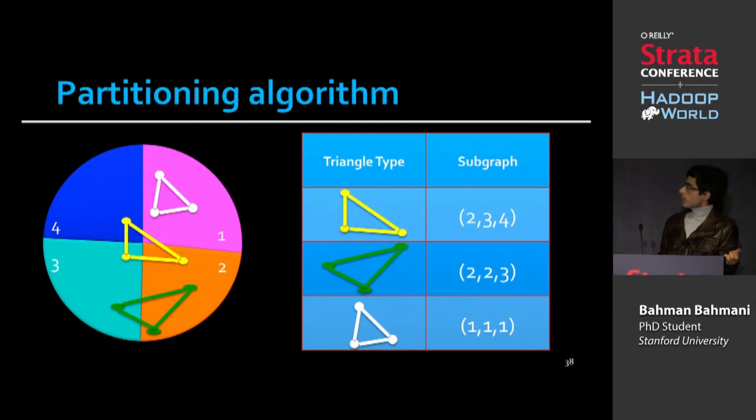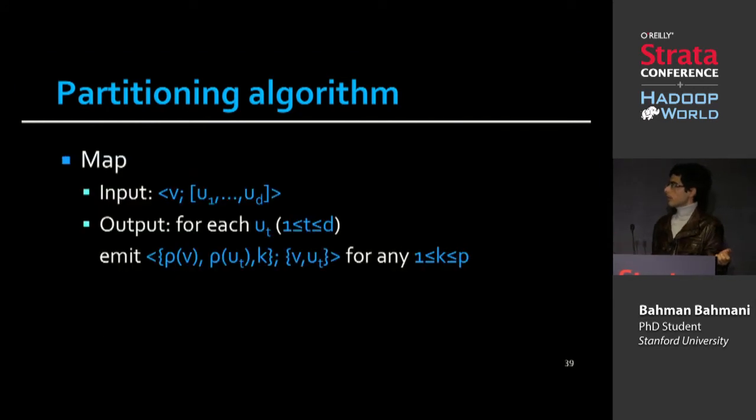So the algorithm that this gives us is the following. For each node, let's say we are again getting the adjacency list.